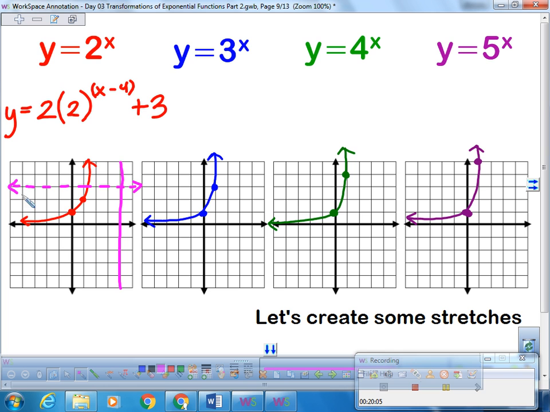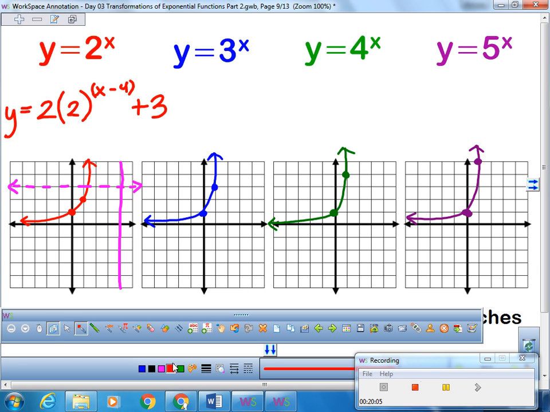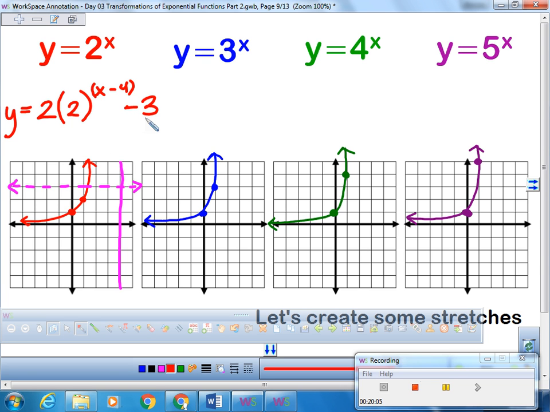We should have gone -3 because it's not going to fit on the graph. Okay, hold on, guys.